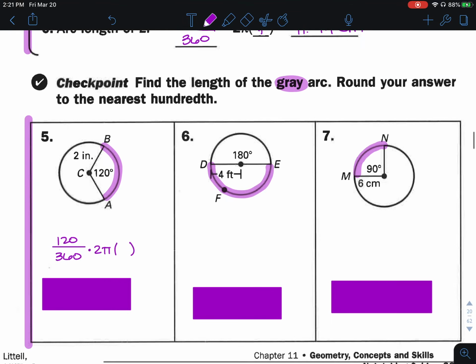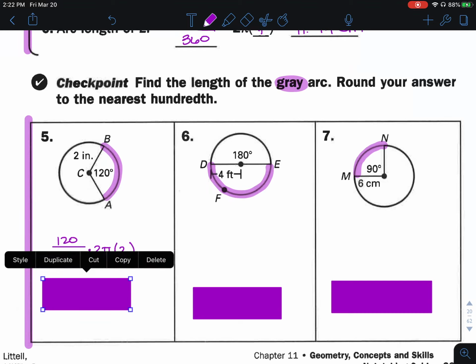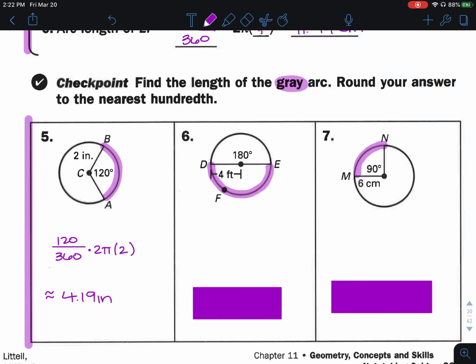In this case, my r is 2. So I have 120 divided by 360 times 2 pi 2. If I plug this into my calculator, I should get about 4.19 inches. Okay, again, my units follow what I'm given. I'm given inches, so I have to end with inches as well.